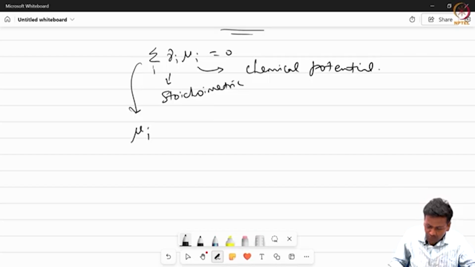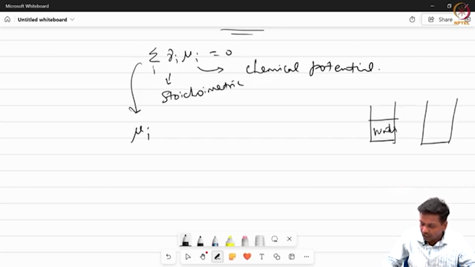Now we know μ_i for a mixture. We are talking about a mixture because you have the pure state, that is the water, and you have the aqueous solution, that is water plus surfactant. So we represent a mixture, which is a binary mixture of surfactant and water.